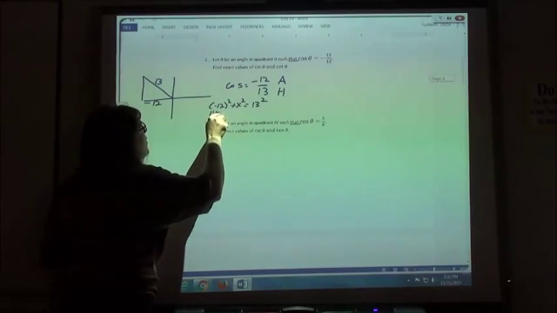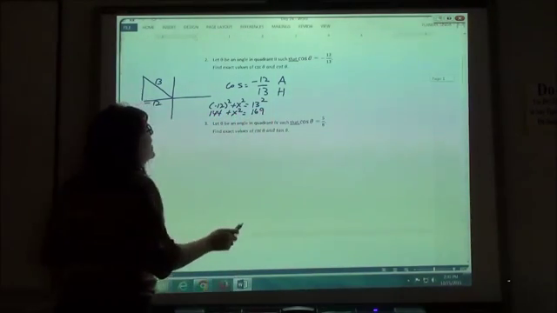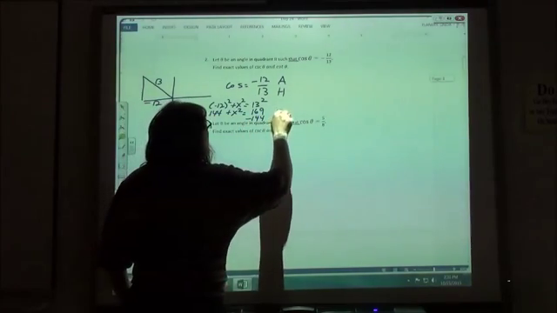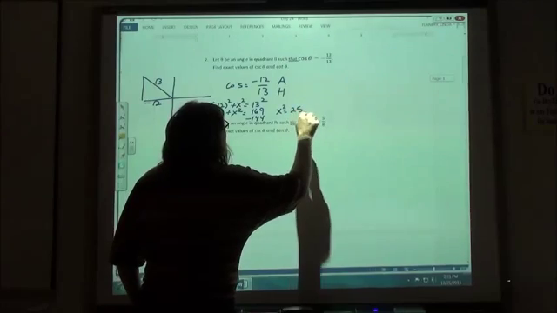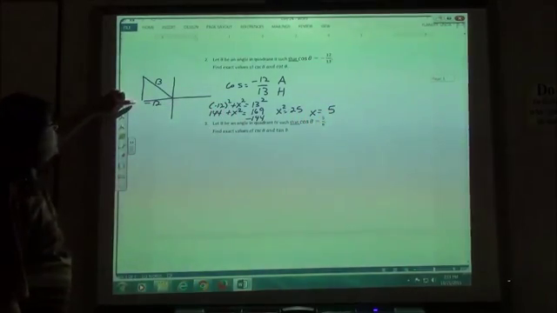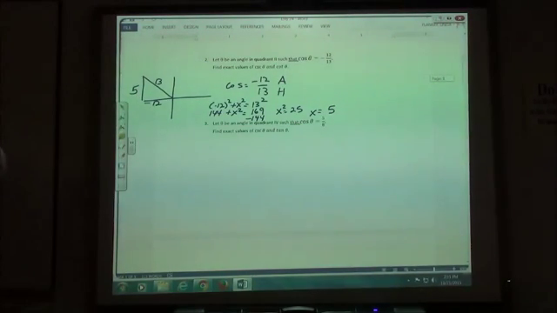Negative 12 squared would be 144. 13 squared is 169. If I subtract my 144, x squared is going to be 25, so x equals 5. It is going in the positive direction, so it is a positive 5. And now I have my reference triangle all labeled.